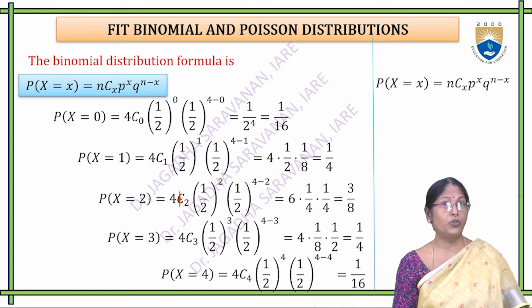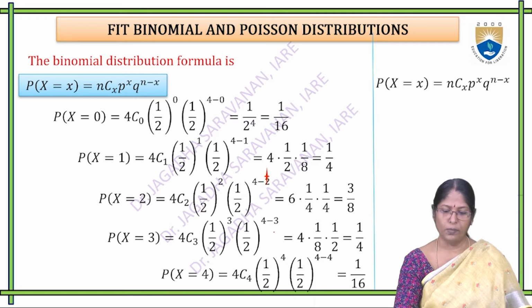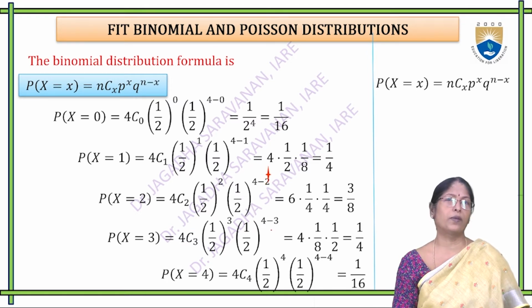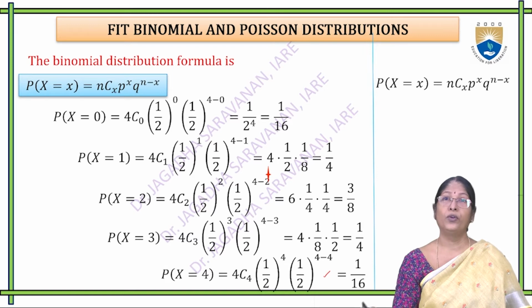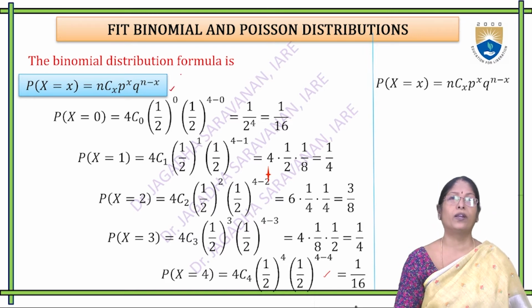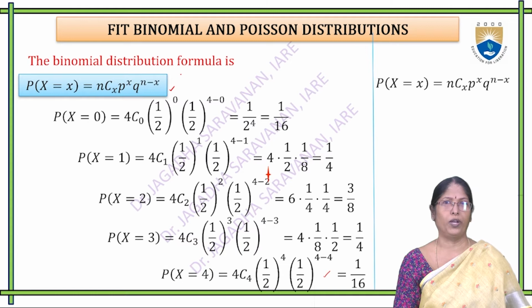Then we moved to 2, 3 places where we changed the x value to 2. In a similar way, the next step x value 3, and the last step x value is 4. We obtained from 0 to 4 the probability distribution using the binomial distribution formula.